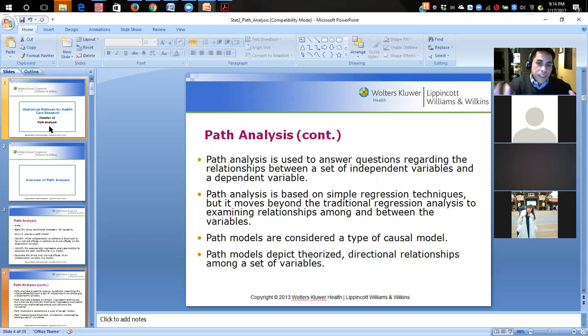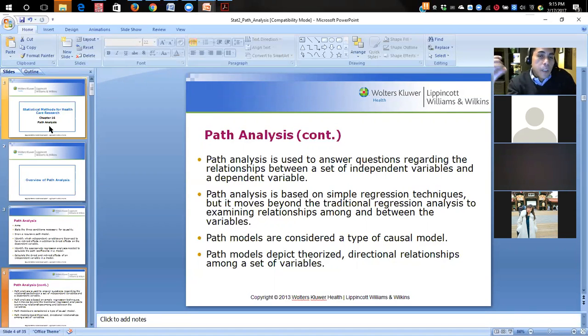You examine the direct and indirect effects of that theorized independent variable that leads to the dependent variable. And after you have reached in your path analysis the dependent variable, you cannot add anything anymore. That's the end of the road. And that's what it means by recursive path model.